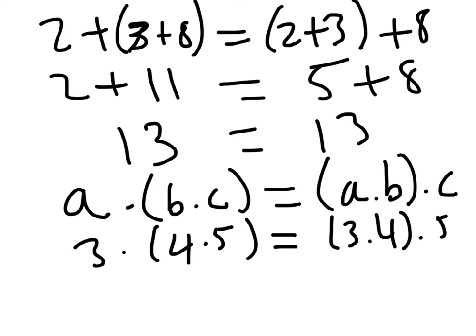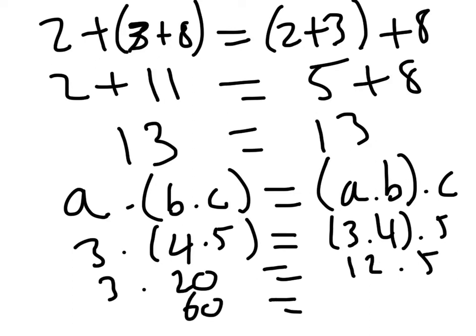Doing the parentheses first, 4 times 5 is 20, and 3 times 20 is 60. And 3 times 4 is 12, and 12 times 5 is 60. So it works also with multiplication.